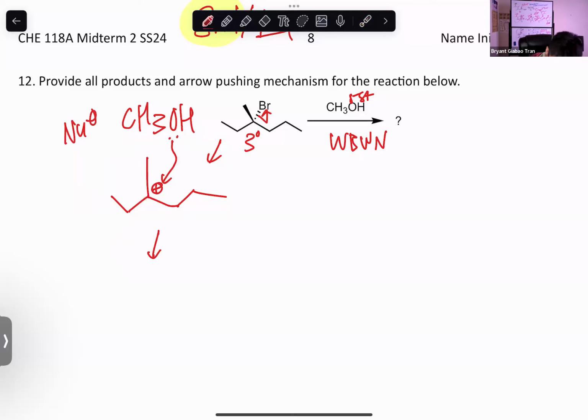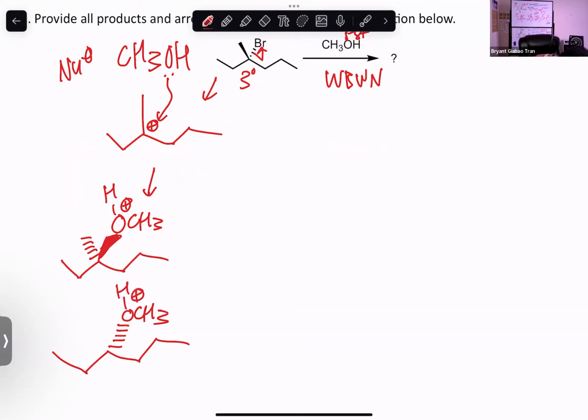So when it attacks, it can attack on the top side, giving you this kind of product here, a wedge product, oxygen. And that oxygen is attached to a CH3 and has a positive charge. That makes this methyl group a dash, like that. Or you could have this product where the OCH3 attacks on the backside, giving you a dash, forcing the methyl group to be a wedge.